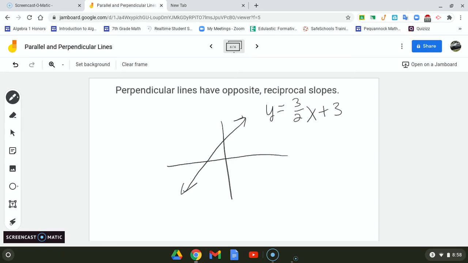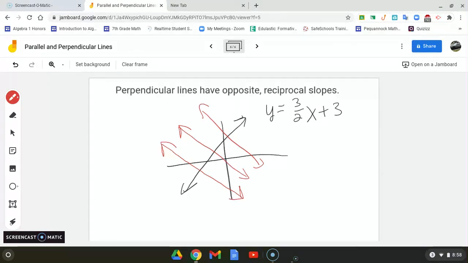But if we want a perpendicular line, our perpendicular line to this one is going to have to go in this direction. Now, it doesn't have to be right there. I mean, it could be over here, it could be over here. We don't know, but we know it has to go in that direction.